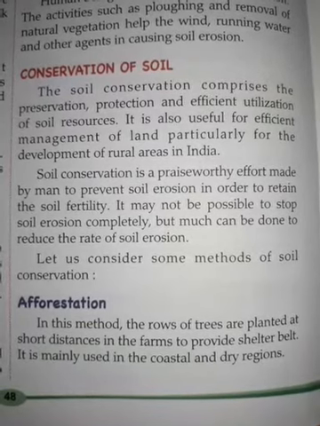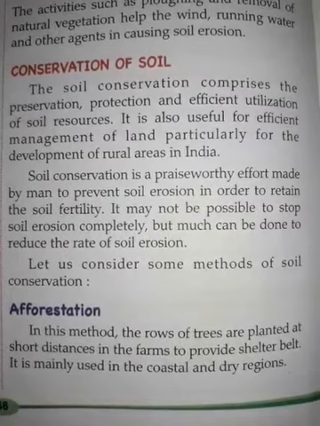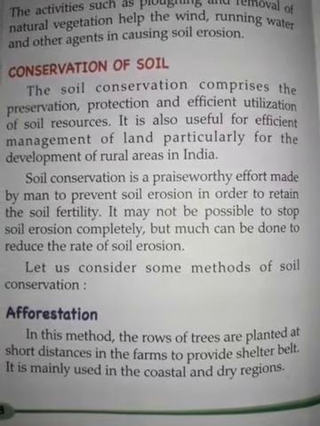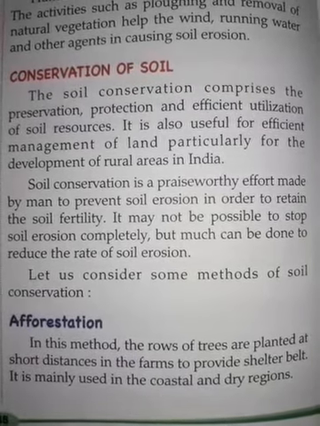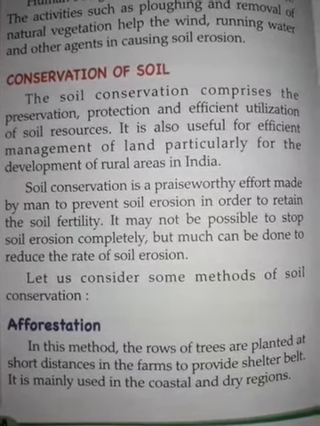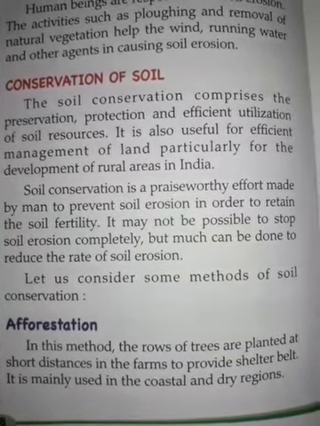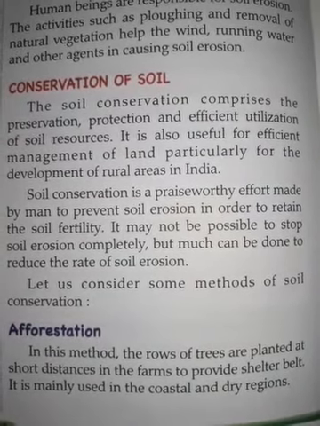This stops rainwater and wind from carrying away the topsoil. We can conserve soil by covering the land with greeneries, which is also called afforestation. So we can grow more and more trees, and because of those trees the soil will be controlled.